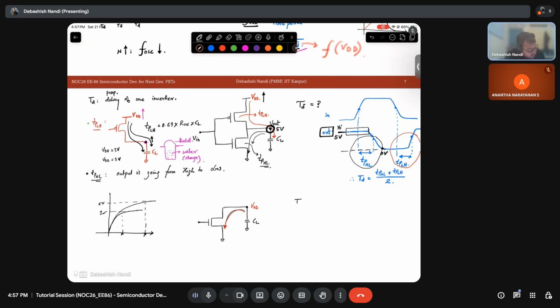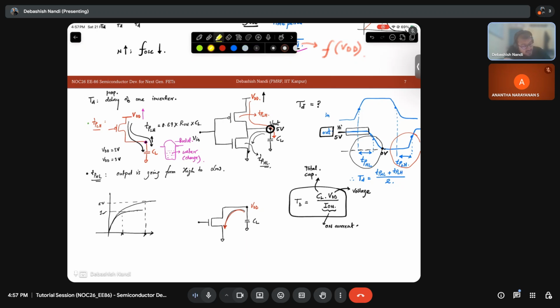So in other words, your TD will be nothing but CL times VDD divided by I_on. I_on is the on current of the transistor, VDD is the supply voltage, and CL is the total capacitance.